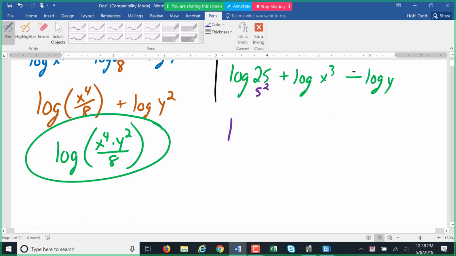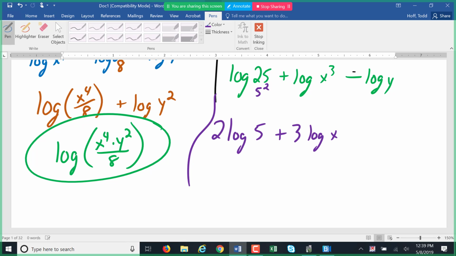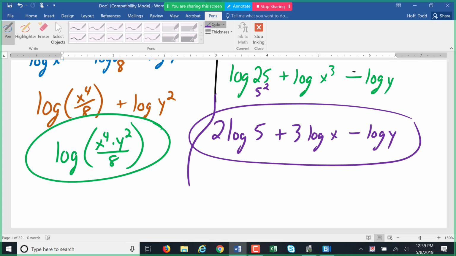So log of 25 is equivalent to 2 times log of 5 plus log of x to the third is 3 times log of x minus just log of y.